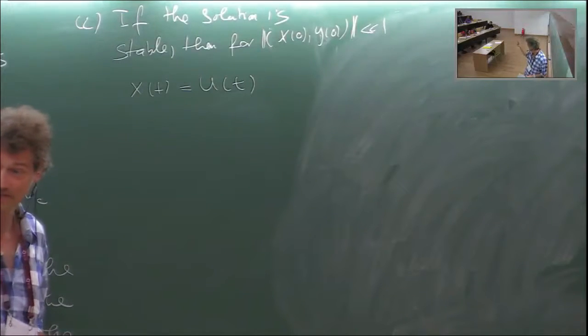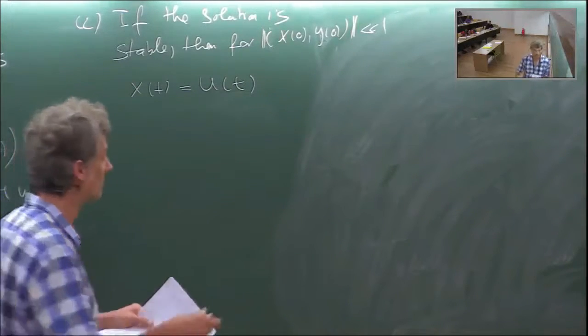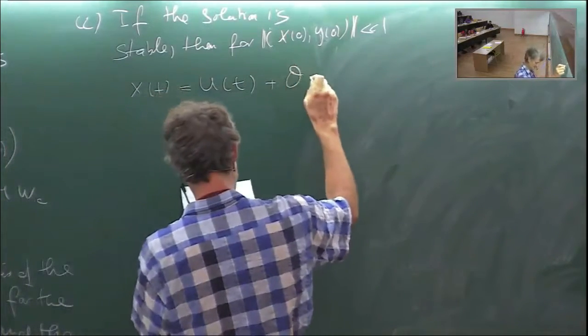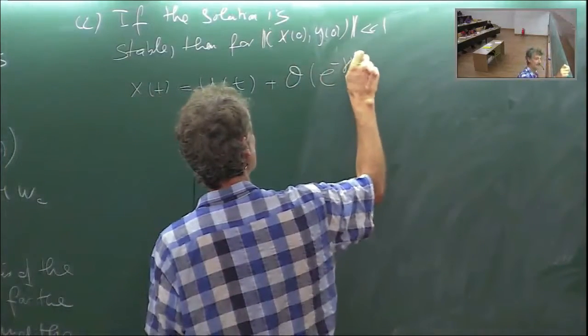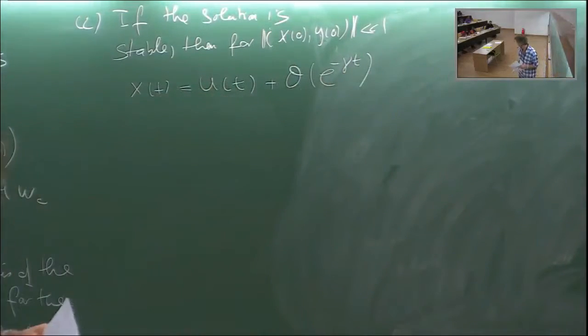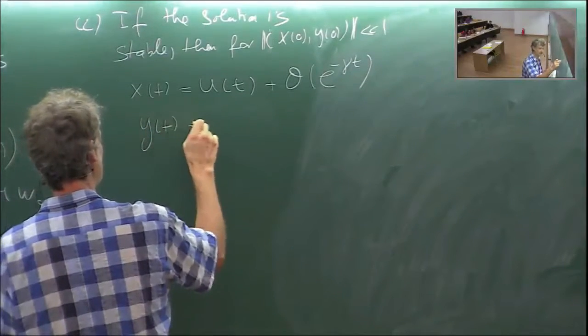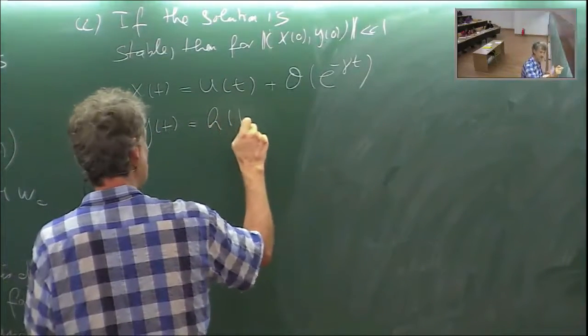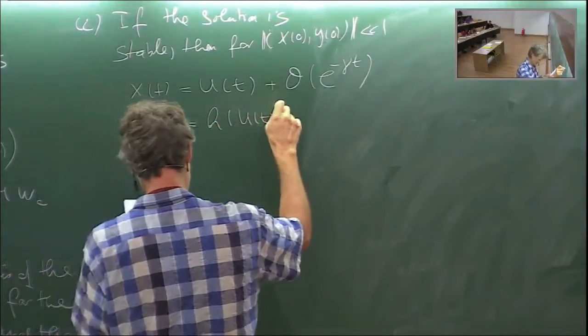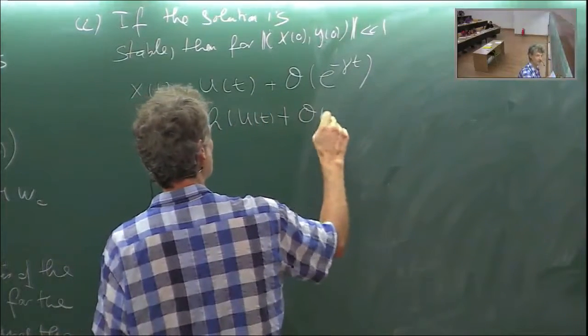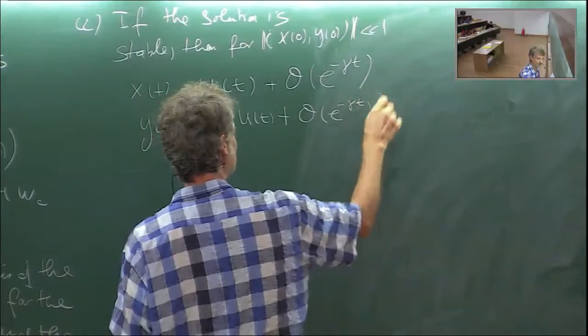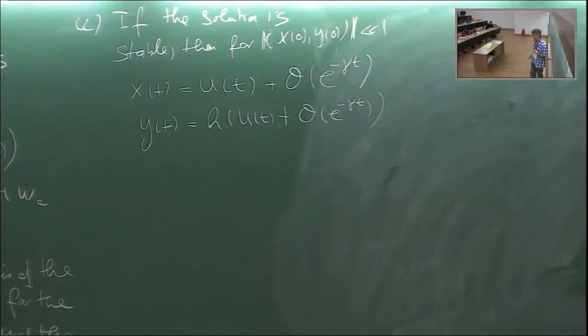It's exponentially close. Okay? So the errors you're making are exponential in time. And similarly, y of t is h of u of t plus order e to the minus gamma t. Okay? So you're exponentially close.